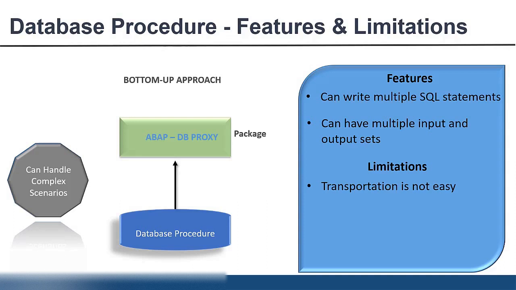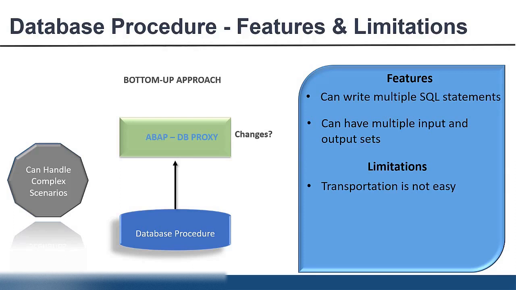Another issue of the bottom-up approach is maintenance. Suppose I create a database procedure and then I create a proxy on top of it, and down the line, maybe after some time, I change my underlying database procedure. What about the changes in my proxy? I will have to do those changes manually.